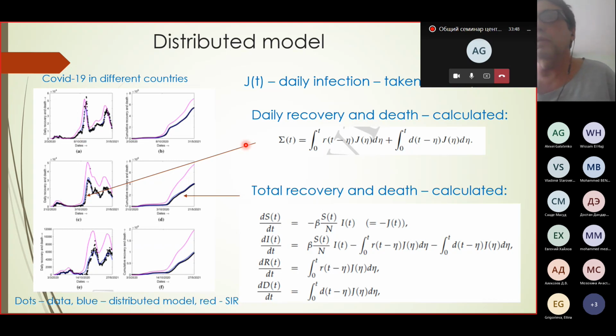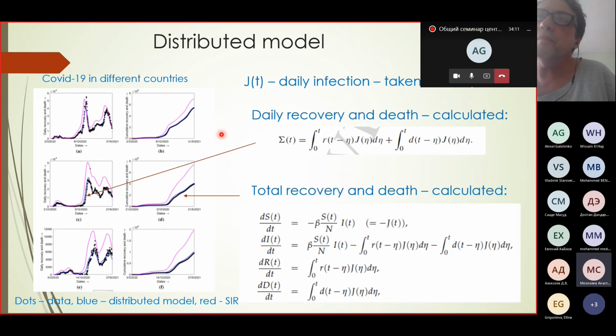So we show, again, but of course we should understand what we do. We take J from the data, we obtain sigma, we compare sigma with the data. So this is based on the data, but we obtain exactly the same in this formula. We obtain exactly the same as in the data.